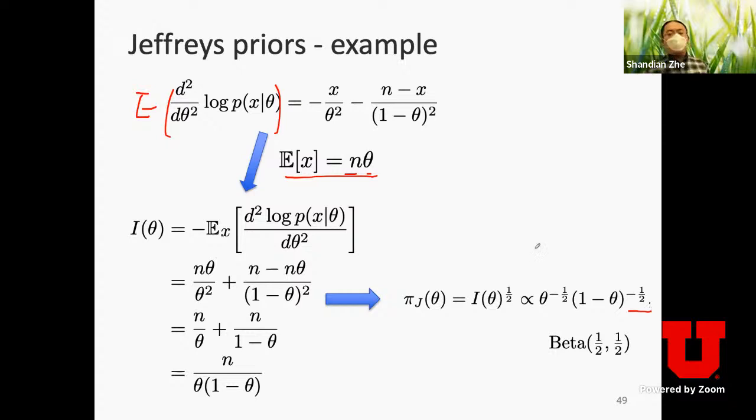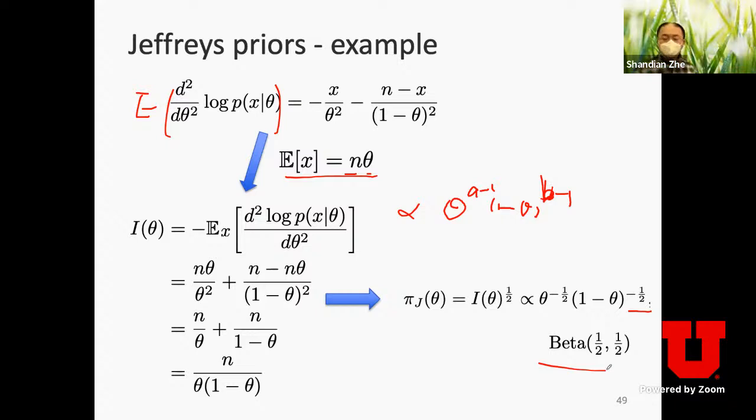Remember, a beta distribution in general has the form theta to the A minus 1, 1 minus theta to the B minus 1. So here A and B will be half and half. So we can see that the Jeffreys prior over theta is a beta distribution parameterized by half and half.